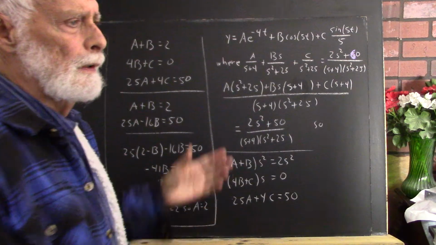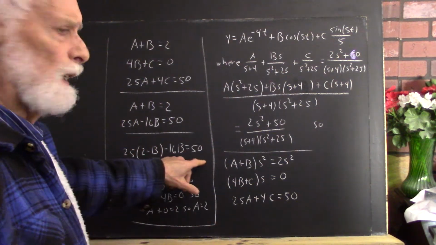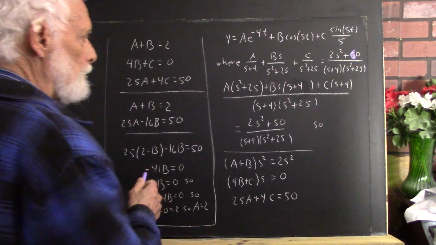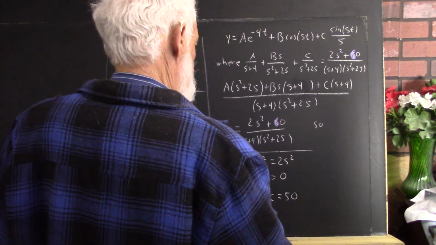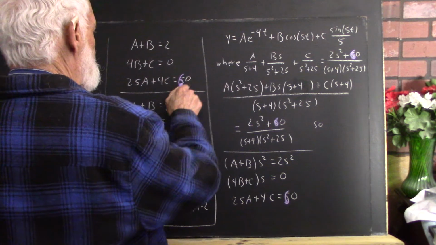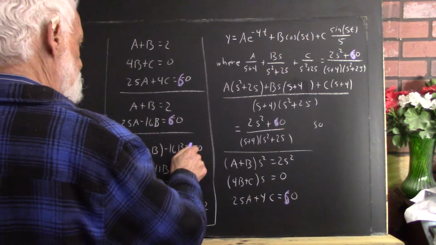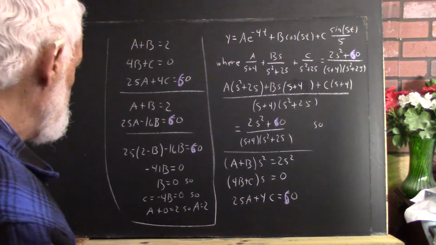It was too much of a coincidence that this multiplied out to this. And let's just correct the rest of them. That should be 60. That should be 60. So there's 60. There's 60. And there's 60.